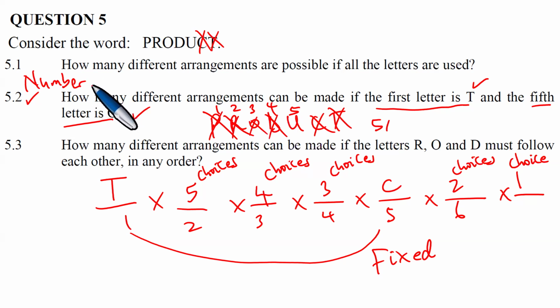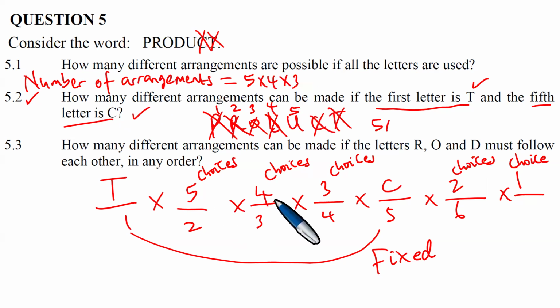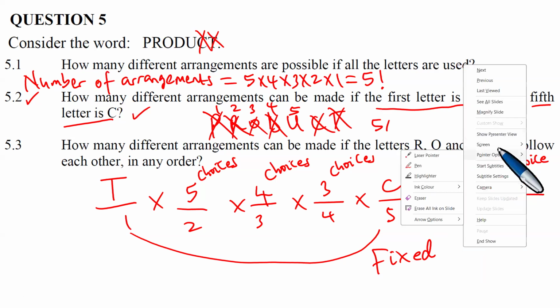So for 5.2, the number of arrangements is equal to 5 times 4 times 3 times 2 times 1. And this is exactly 5 factorial ways. We go to the calculator. We know that it's 120.